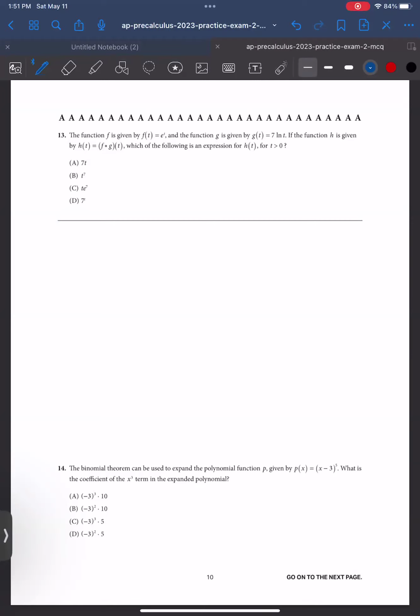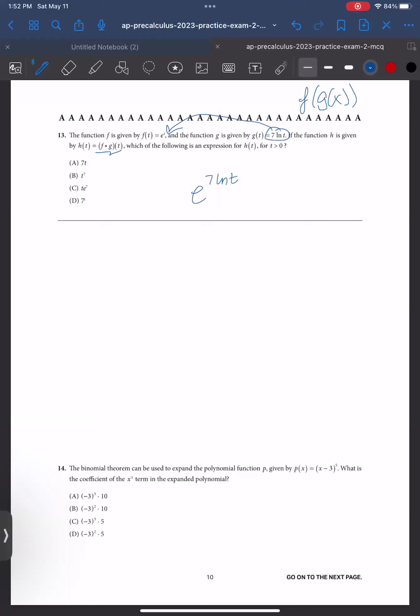All right, so remember that this here is another way of saying f of g of x. I like that they have both different notations because it makes sure that you know what you're looking at. So again, all I'm going to do is plug g into f of t. So that's going to be e to the 7 ln of t.